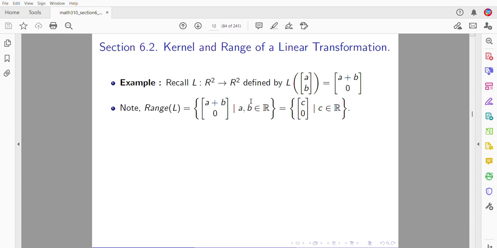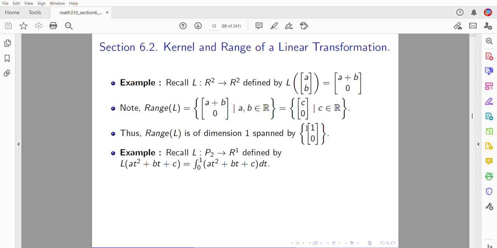The sum will be any real number. So any (c, 0) where c is a real number. Now this set or this vector space is one dimensional. It is spanned by just (1, 0), because all you need is any c. So start with c equals 1. Every other thing can be obtained by this vector times that number. So range of L is one dimensional.